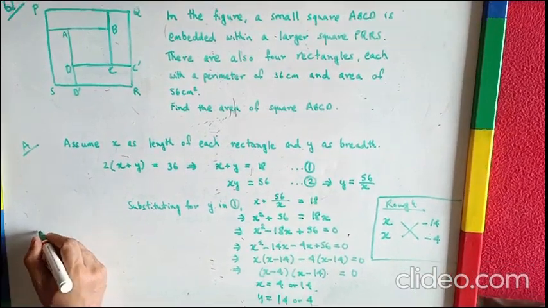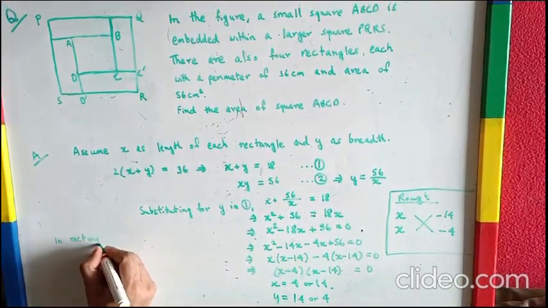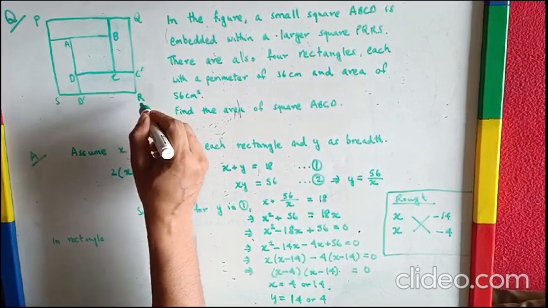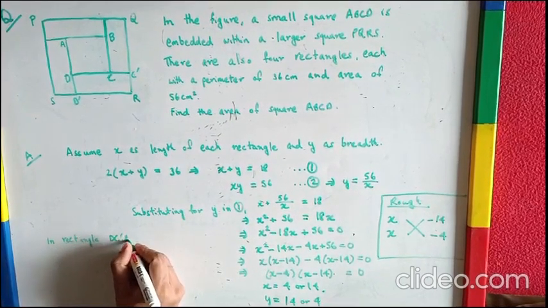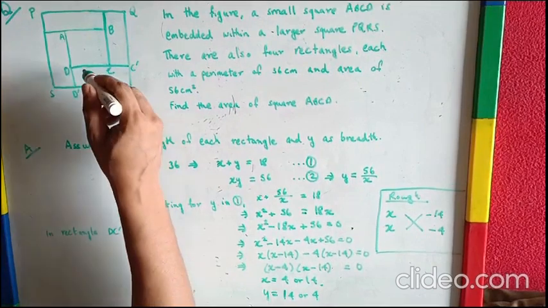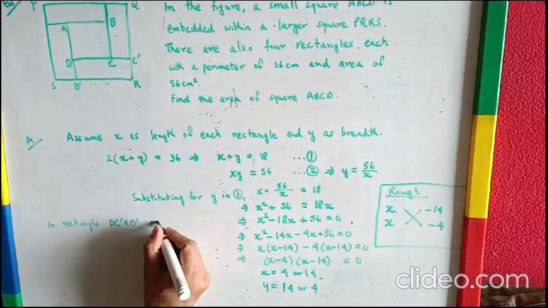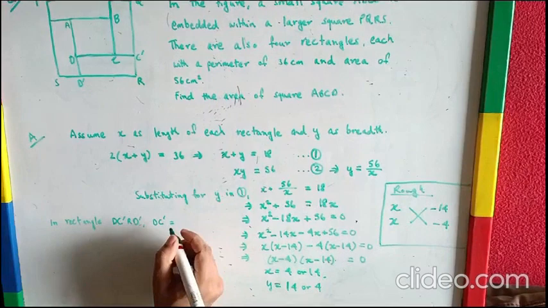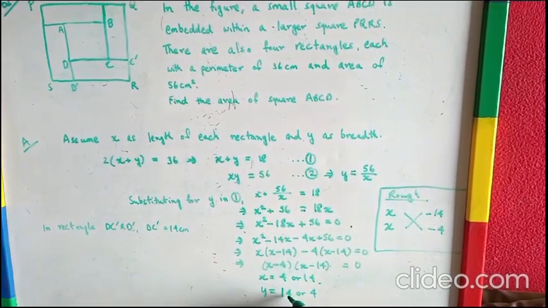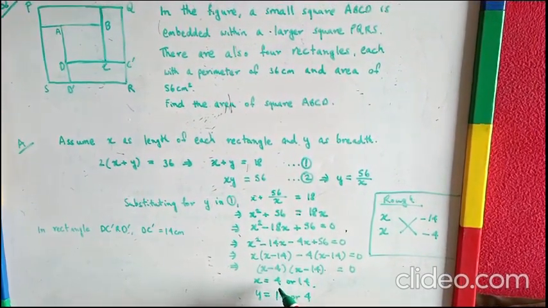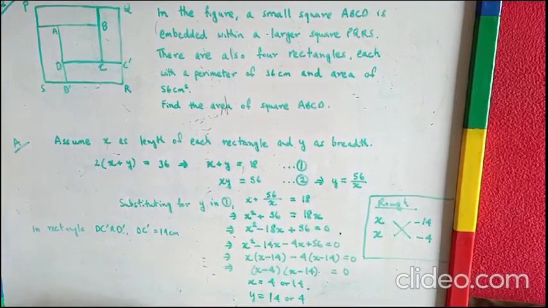Now in rectangle D C dash R D dash, we know that D C dash, this will be the length, so D C dash is equal to 14 centimeters, right? So one of these is the length, one is the breadth. So obviously the longer will be the length, which means DC dash will be 14 centimeters, right? Okay.